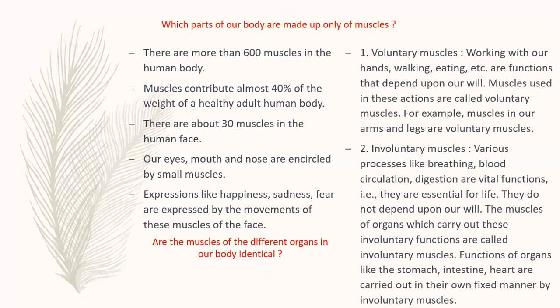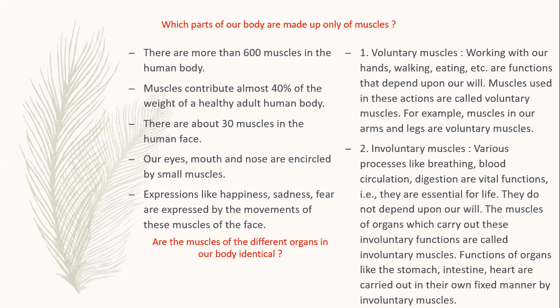Firstly, I will explain the term voluntary. The meaning of the word voluntary is that something you are doing by your own will, that you want to do the task and you are doing it.